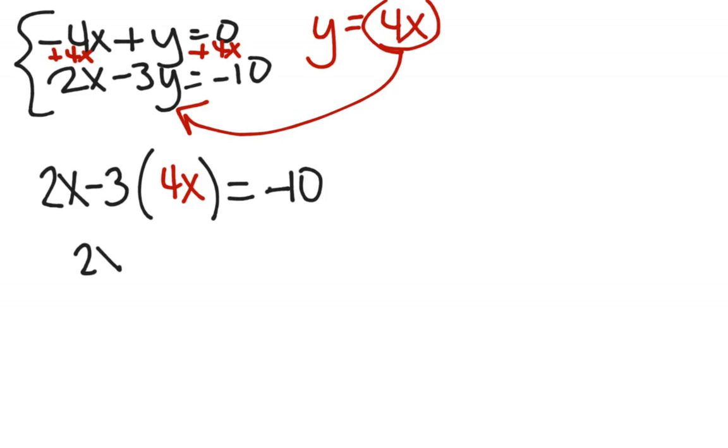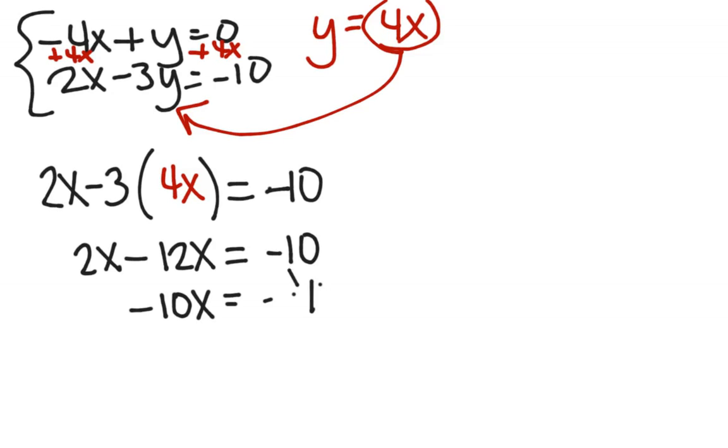So we have 2x minus 12x is equal to negative 10. Collecting like terms, negative 10x is equal to negative 10. Pardon my writing here. Let's see if we can neaten that up a little bit. And we're going to divide each side by negative 10, and x is equal to 1.